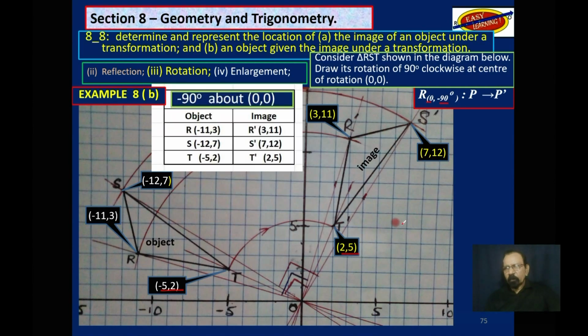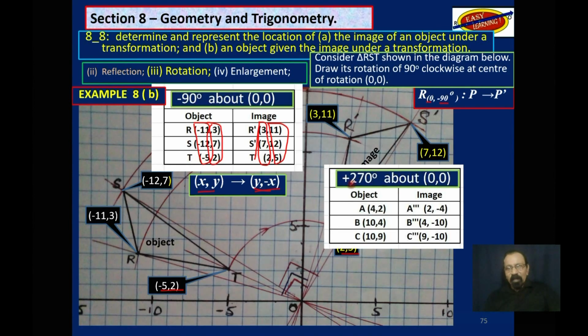Okay, what is the rule? As you could see, the original y value became the x value unchanged, but the original x value became the y value multiplied by negative 1. So it is (x, y) becomes (y, negative x).